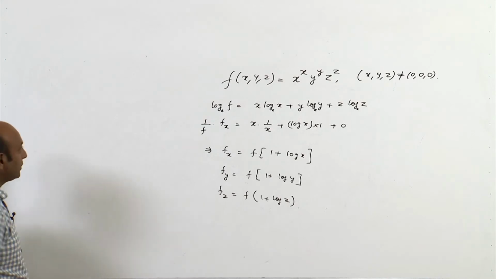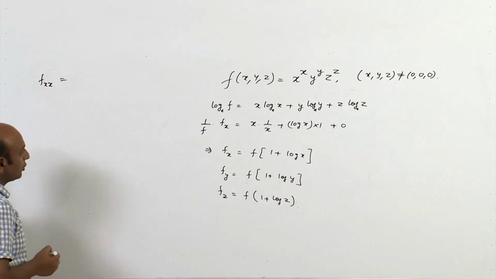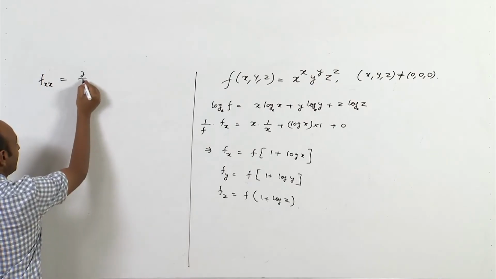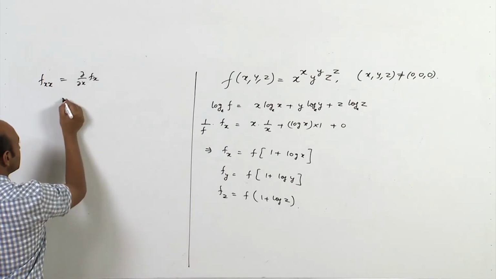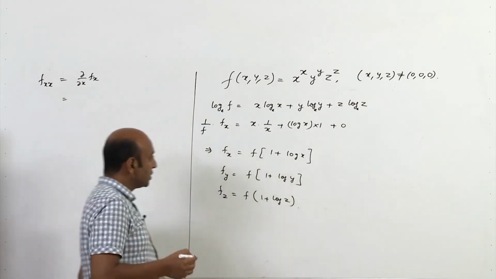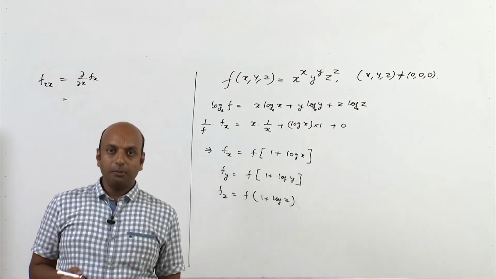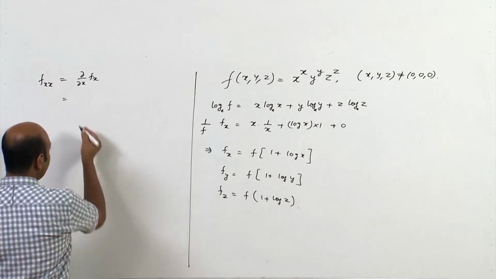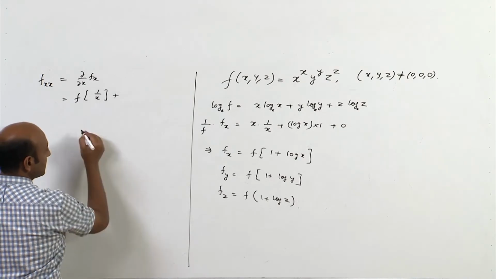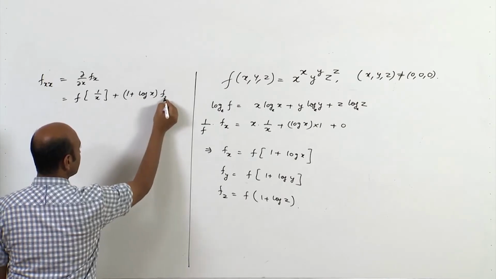Now, suppose you want to compute fxx. How can you compute this? It is del by del x of fx, so you have to differentiate this again with respect to x. This is also a function of x and this is also a function of x, so you have to apply product rule. So, f first as it is, derivative of second, plus second as it is, derivative of first, fx.